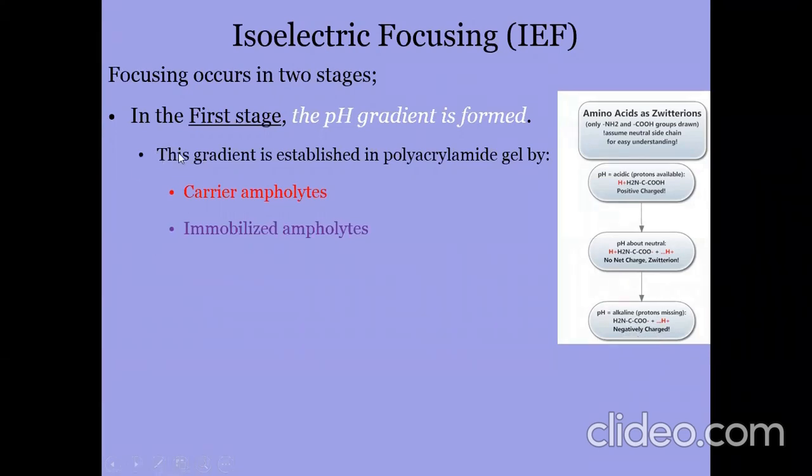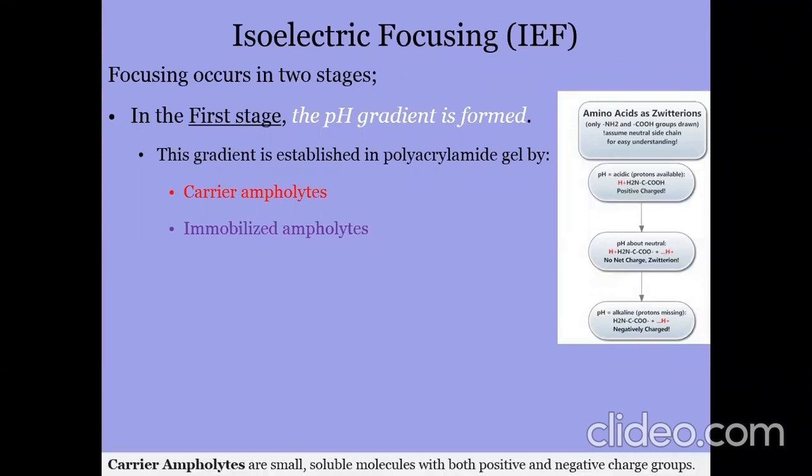Focusing occurs in two stages. At the first stage, the pH gradient is formed. We need to make a pH gradient, and the gradient is established in polyacrylamide gel by carrier ampholytes or immobilized ampholytes. There are two types of ampholytes used in polyacrylamide gels: they could be carrier or immobilized.